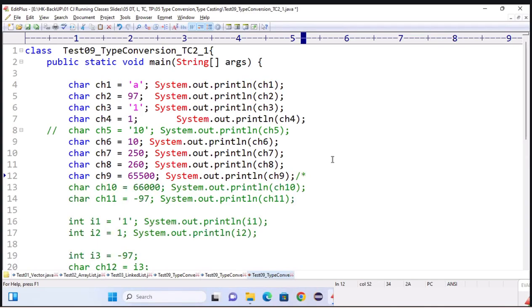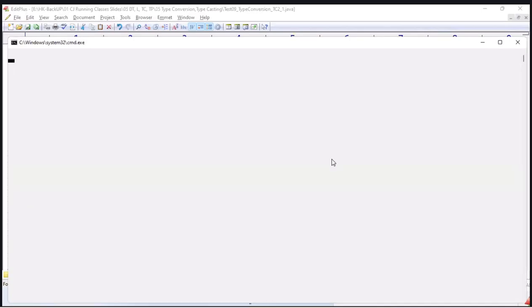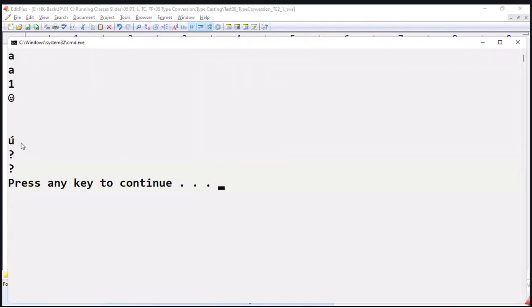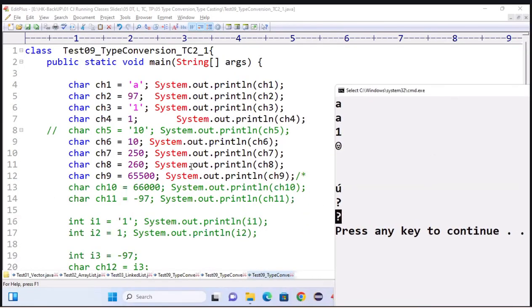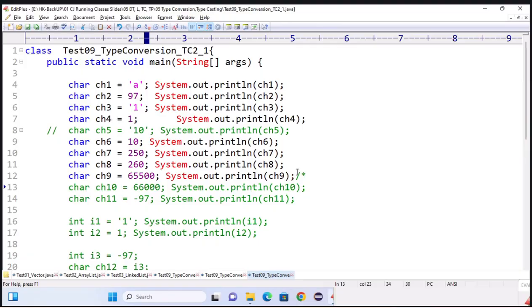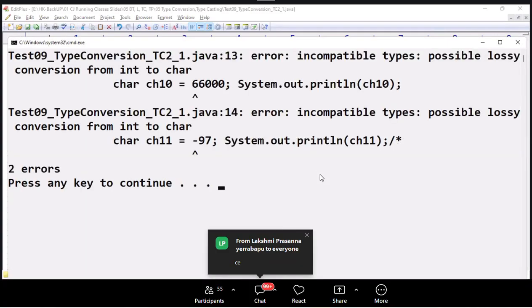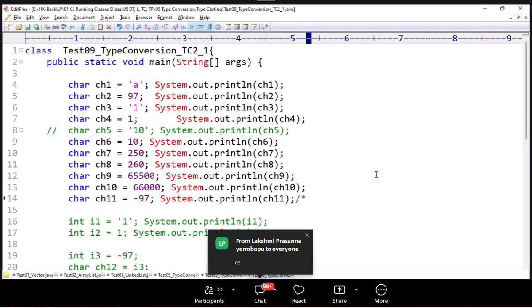When you practice, all these are compulsory, asked in entry questions and written test exam questions. 250, 260, question mark, 65,535, question mark. We got a U for 255. The next, 66,000 and minus 97: compile time error, possible lossy conversion.